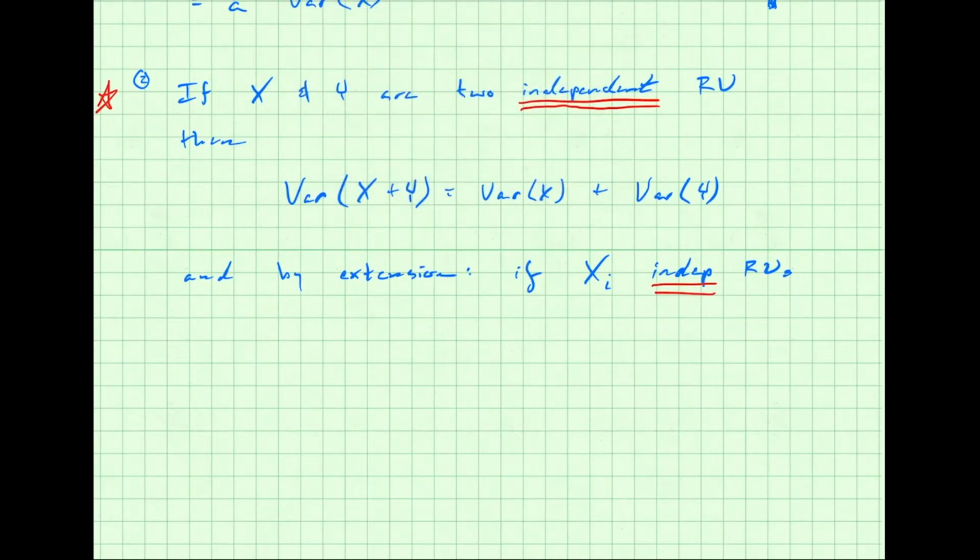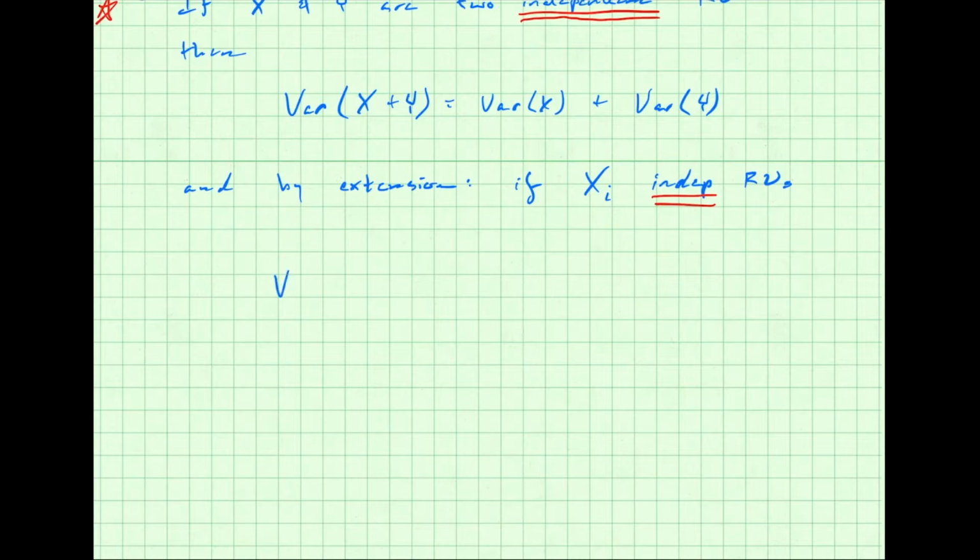Then by extension, you have the same kind of expression. Let's say i equals 1, 2, and so on, up to n. Then the variance of the sum is going to be the sum of the variances.